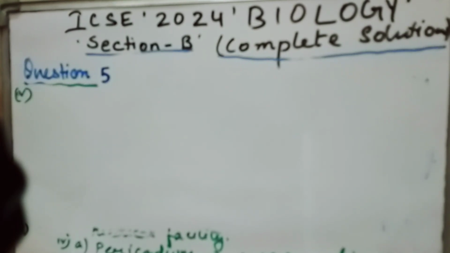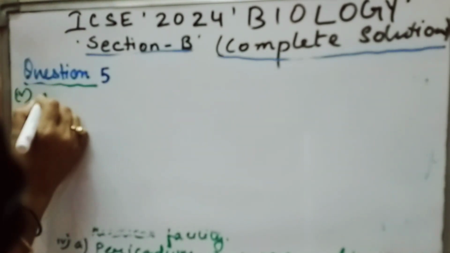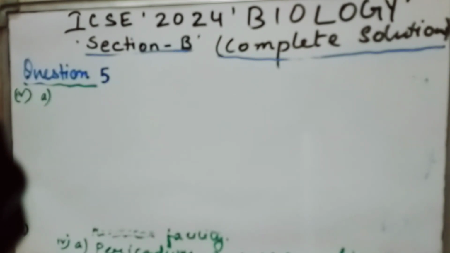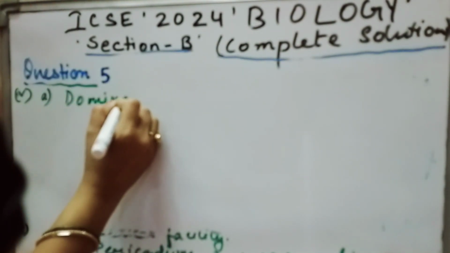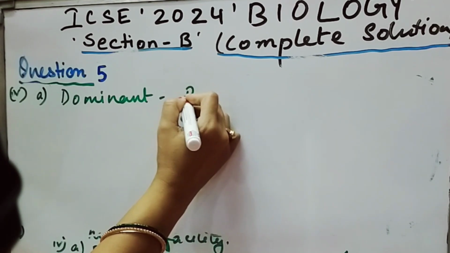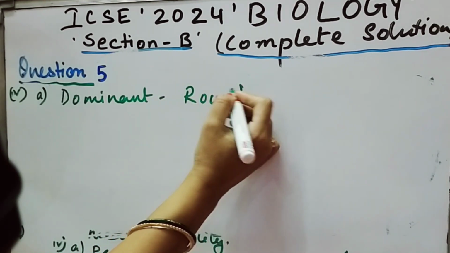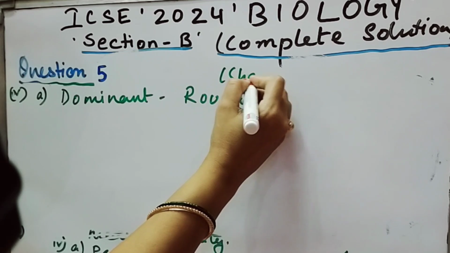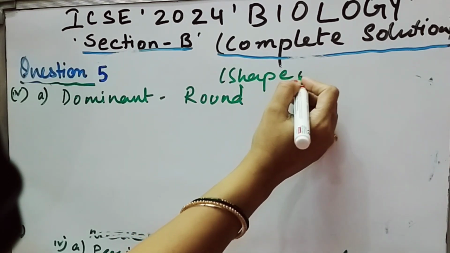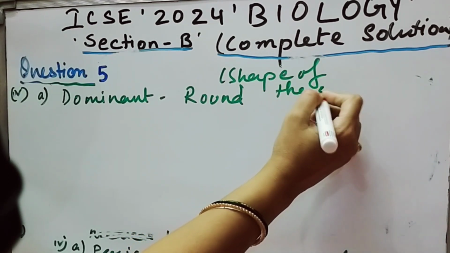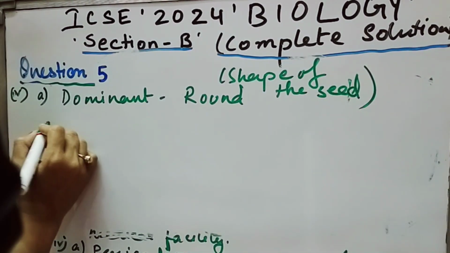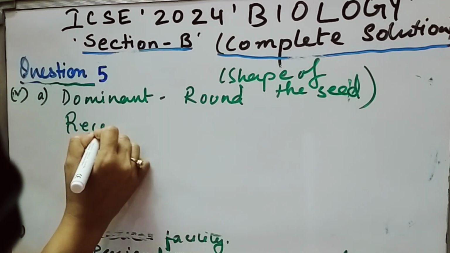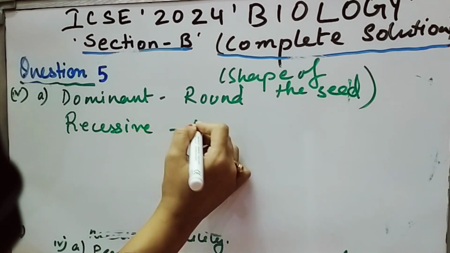So I would be writing all the answers sub-part wise. The first one, they've asked which is a dominant and recessive allele of the trait. So dominant is round, that is the shape of the seed. Recessive would be the wrinkle.